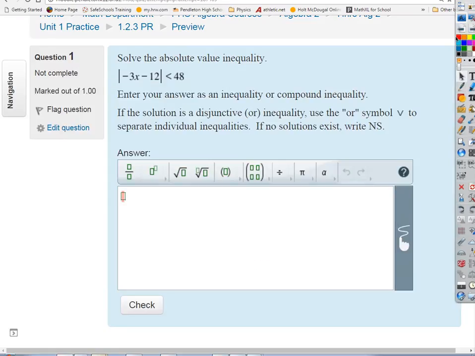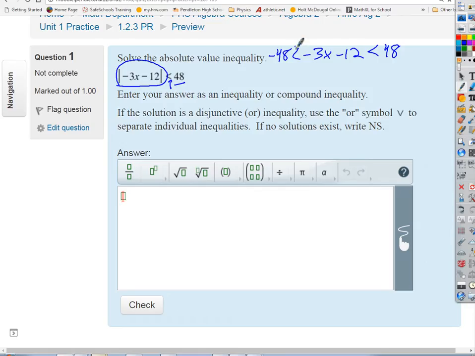So here we've got the first type. We've got an absolute value already isolated by itself on one side of the inequality, and we've got a less than sign. So the trade that we make is: whatever's inside the absolute value bars, in this case negative 3x minus 12, is going to be less than positive 48 and greater than negative 48.